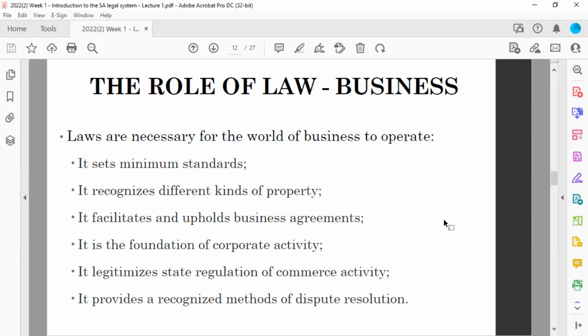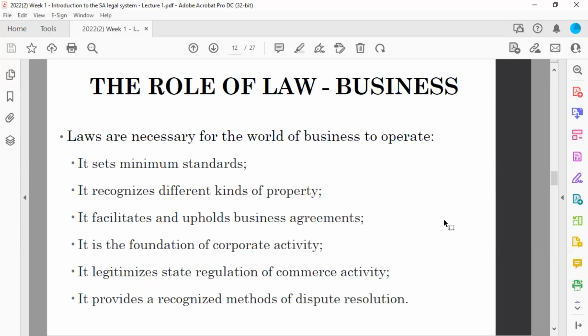I said there, the law is also the foundation of corporate activity. So you and I, people who are born people, are called natural persons. A company, a close corporation, a business trust, those are juristic persons.